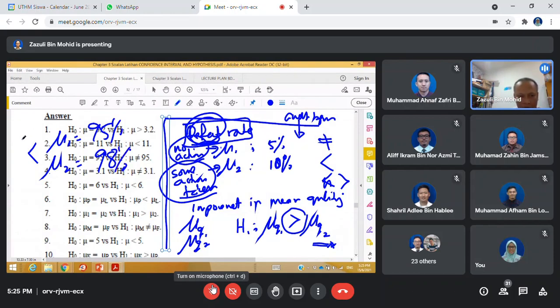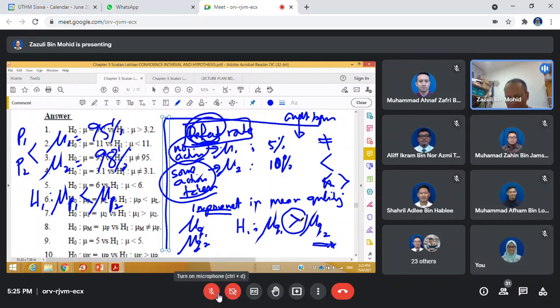We have process 1, we have process 2, asking you whether process 2 have improvement or not compared to process 1. Then you can easily state that mu P1 is smaller than P2. Yeah, this is successful rate. But when the data given is defect rate, when you talking about improvement, the defect should be smaller kan.